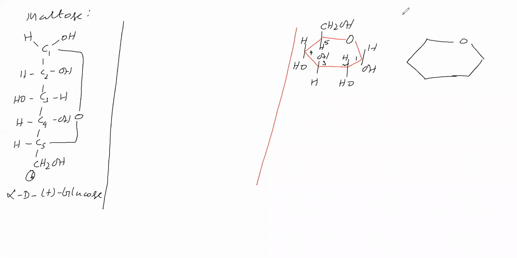Now this is the C1 carbon, C2, C3, C4, C5 carbon. In C1 carbon, the OH on the right side is down. In C2 carbon, OH is down. In C3 carbon, H is down. In C4 carbon, OH is down. In C5 carbon, CH2OH we write up. So we have taken alpha-D-(+)-glucose two times.